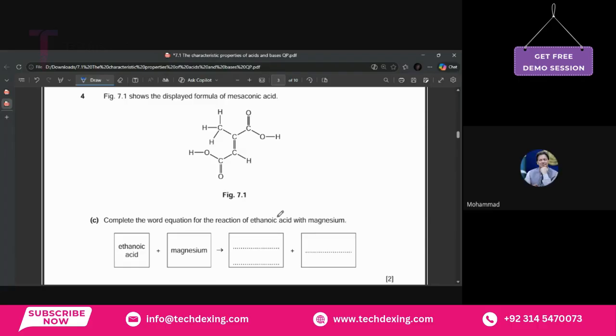This is a metal and this is an acid. So when we react a metal with an acid, what do we get? We get a salt and hydrogen gas is produced. So it will give you magnesium ethanoate and hydrogen gas will be released.